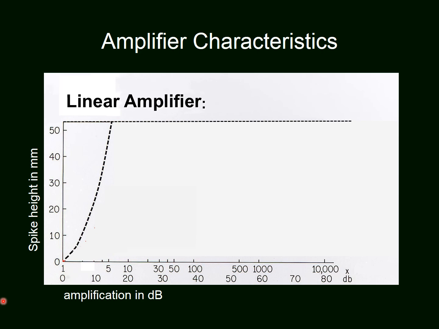Let's first look at the linear amplifier, which is often used in B-scan. As we are dealing with a logarithmic scale here, showing the amplification from 0 up to 80 decibels, the linear amplifier is not represented by a straight line, but by this curve.